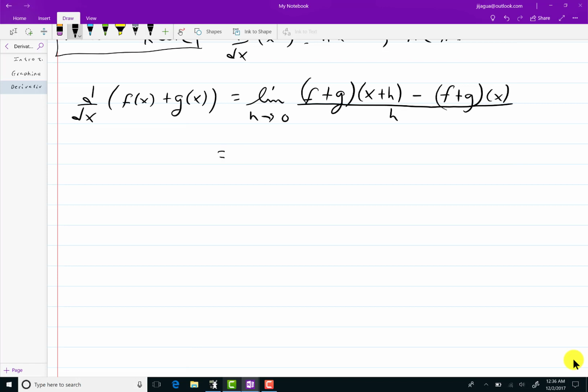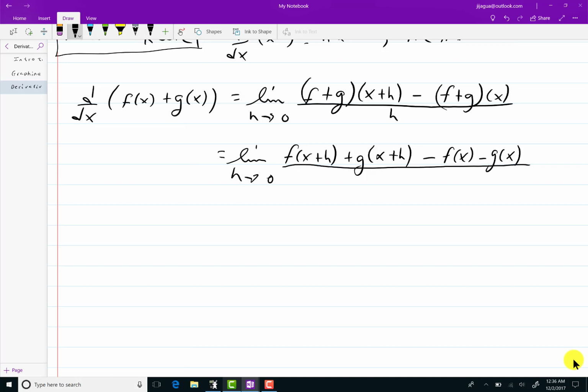This equals the limit as h goes to 0. This part right here, (f plus g)(x plus h), is simply f of x plus h plus g of x plus h. And I can do the same thing here. This will be f of x plus g of x, so I'll get minus f of x minus g of x. All of that will be over h.